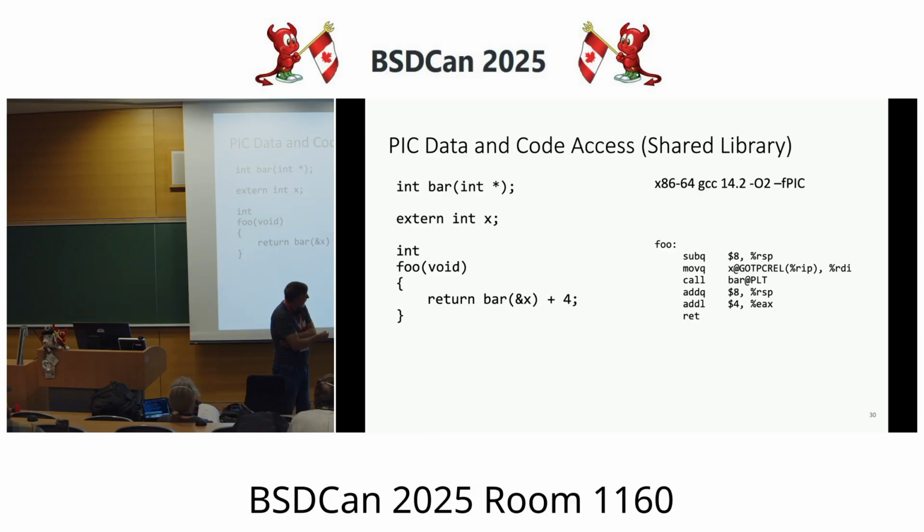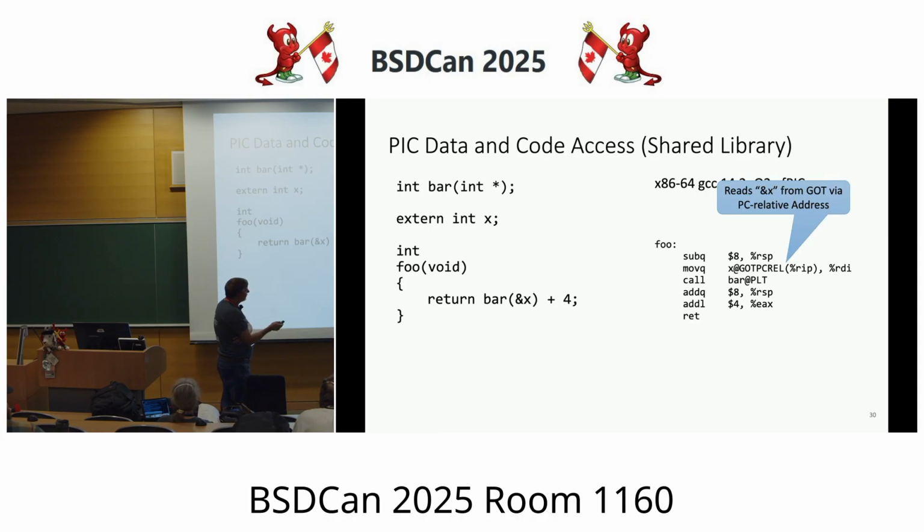Never mind, we're just reading the GOT entry directly. So this is reading from the GOT to get the pointer and storing it in the register. And then when we call bar, now we're explicitly going to go through the PLT stub version for bar instead of directly calling the function. So that's the differences we get with PIC.